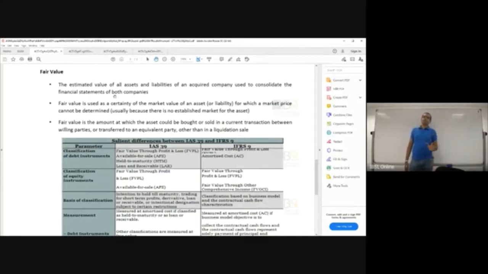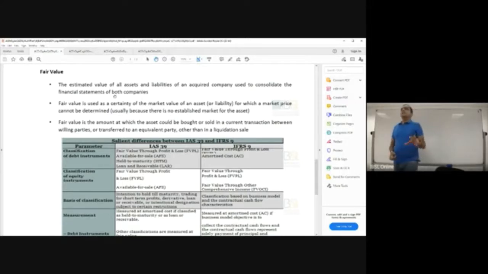Now, before IFRS 9, the standard was called IAS 39. It had four categories: fair value through profit or loss, available for sale, loans and receivables, and held to maturity.